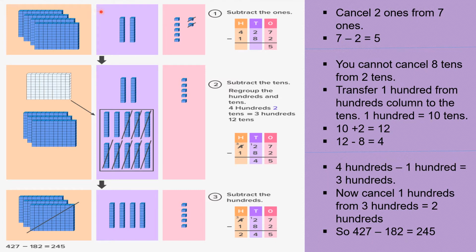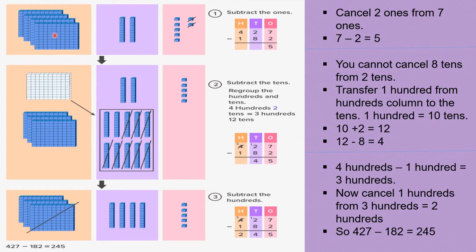So what if I transfer 100 to the tens column? Then obviously the tens would increase, and then I can always cancel 8 tens from the tens, right? Am I right?